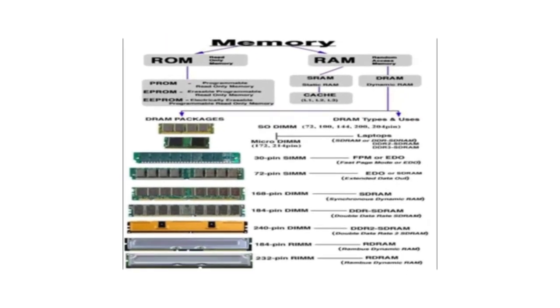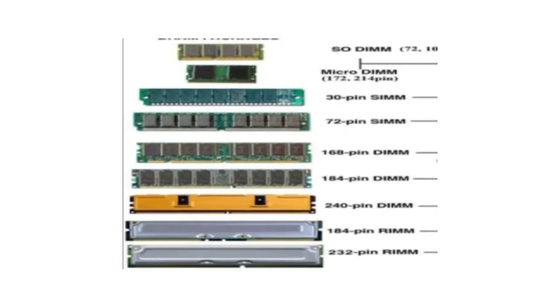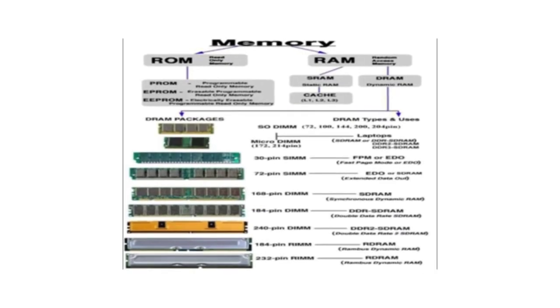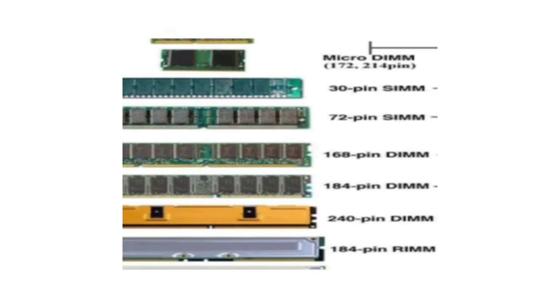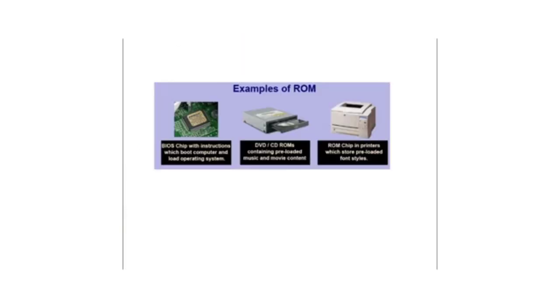Okay, now you can see here these are examples of RAM. These small chips help to store huge data in our desktop, in our electronic devices.